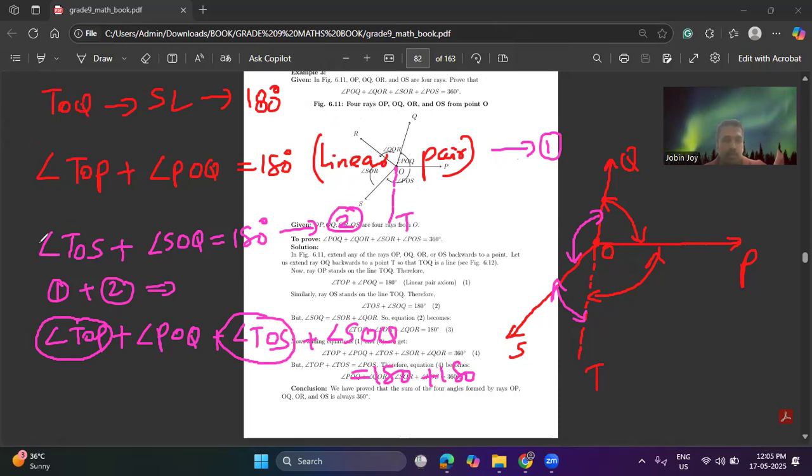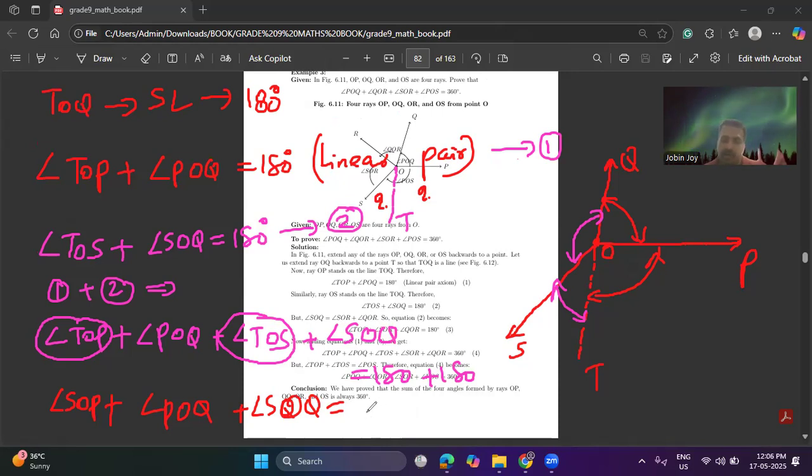So what is angle TOP plus angle TOS? This angle is TOP, and this angle is TOS, right? When you add these two, you will get what angle? SOP. So I can write angle SOP plus angle POQ plus angle SOQ is equal to 180 plus 180.